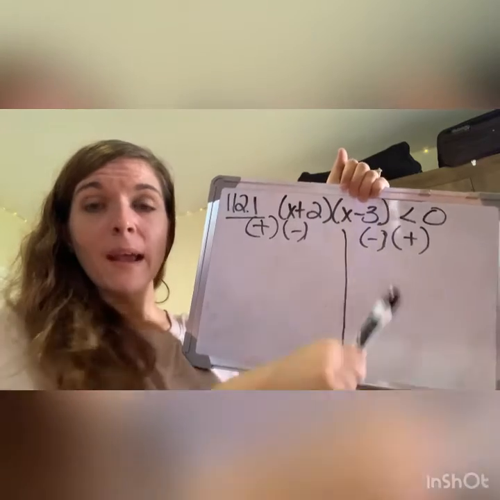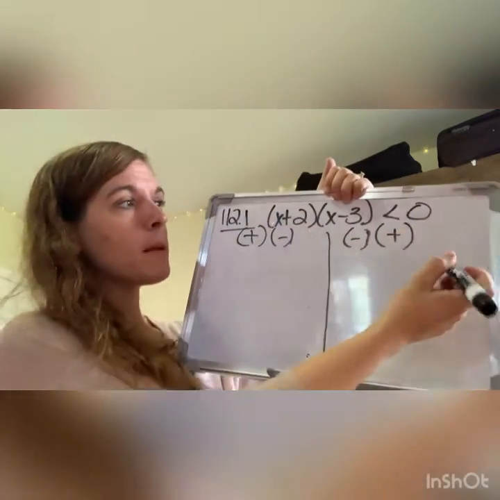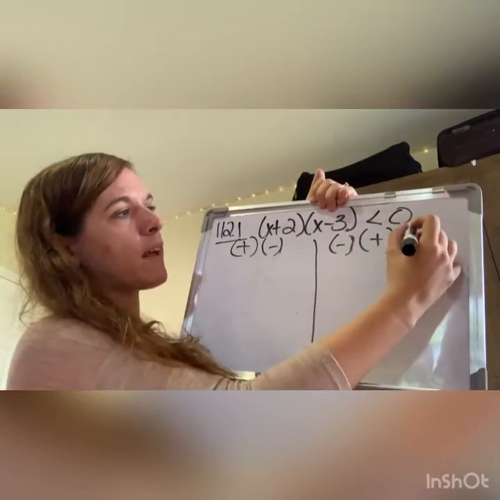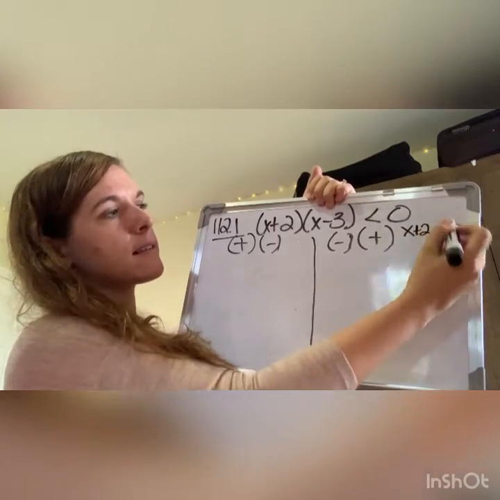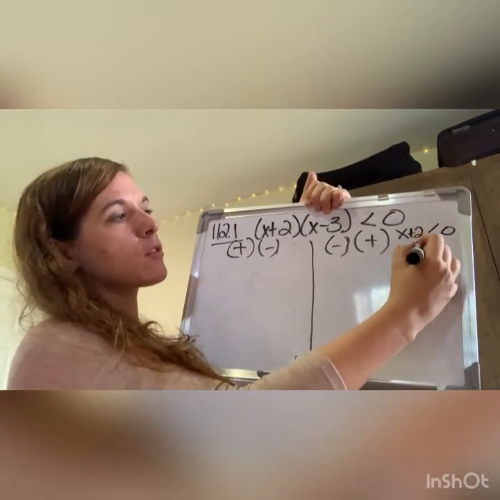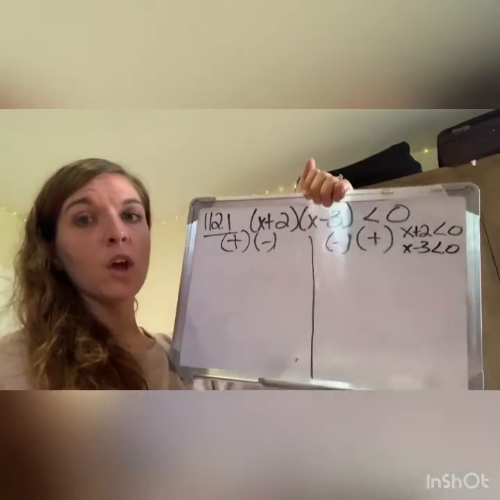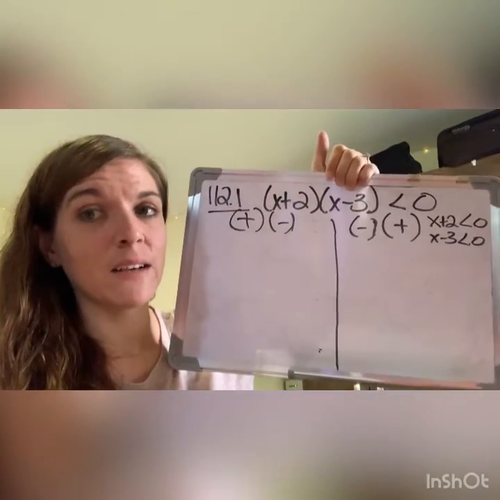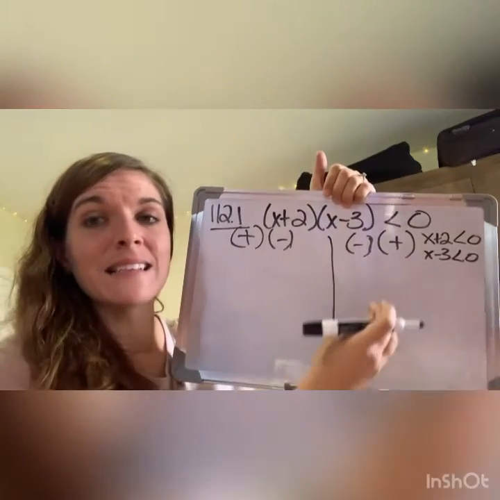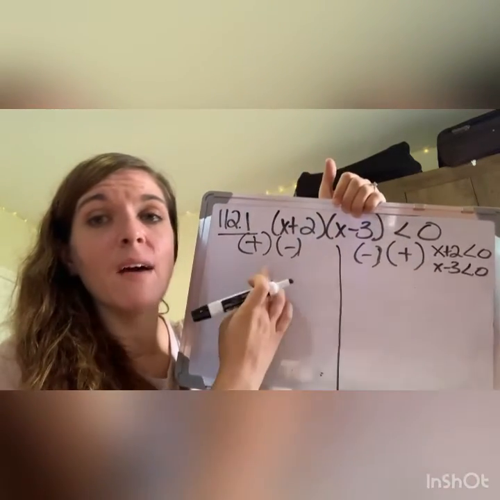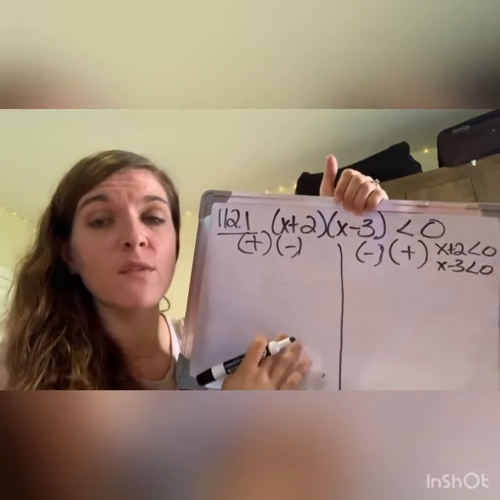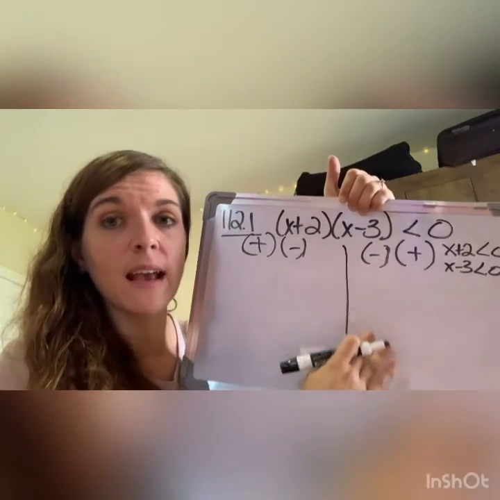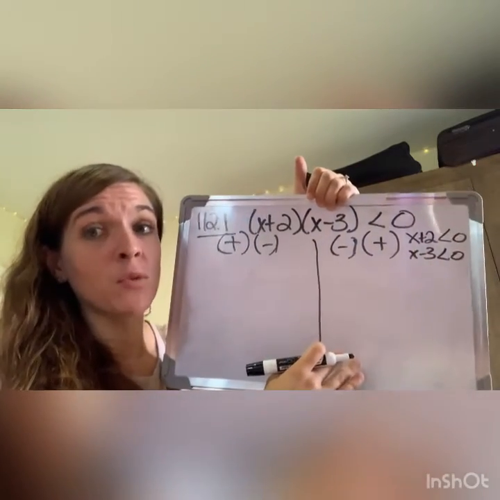Why? Because it's less than 0. What do I mean by that? I mean that if I go to solve this one, I have x plus 2 is less than 0, and x minus 3 is less than 0, right? So both of these solutions are going to become negative. They're going to be less than 0. So I'm going to put one on one side to fulfill my negative and one on the other side to fulfill my negative.